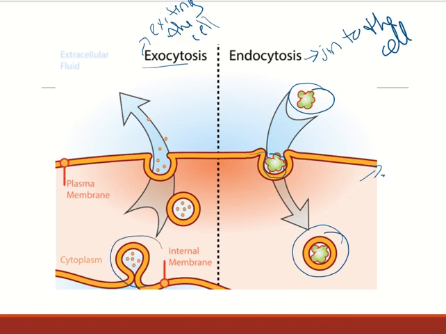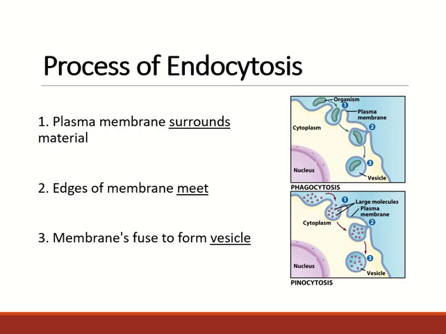You can see here you have a vesicle forming at usually your endoplasmic reticulum and Golgi apparatus, and it's going to fuse with your phospholipid membrane to allow these substances to be released outside of the cell.